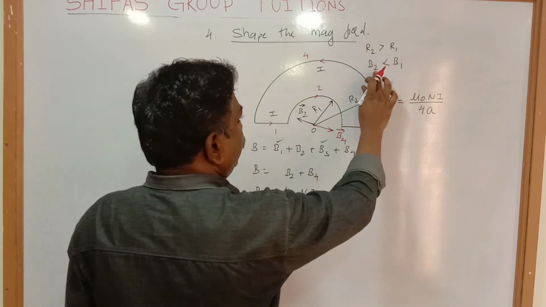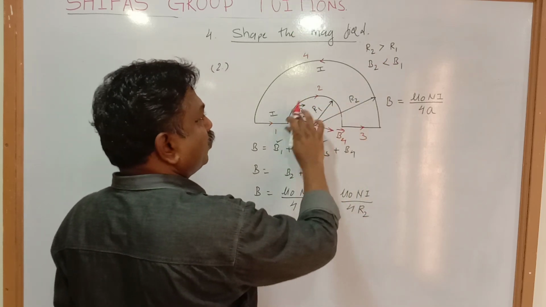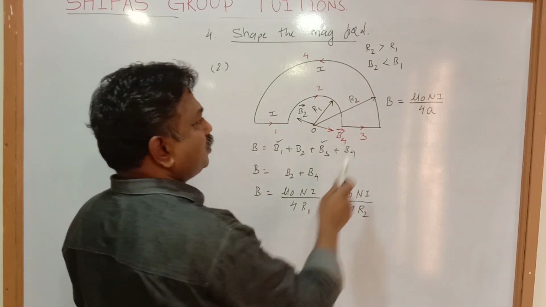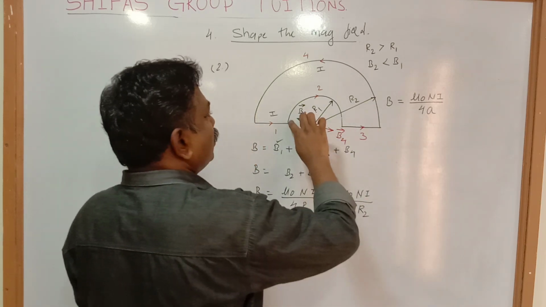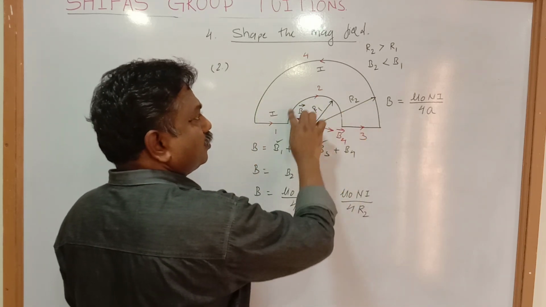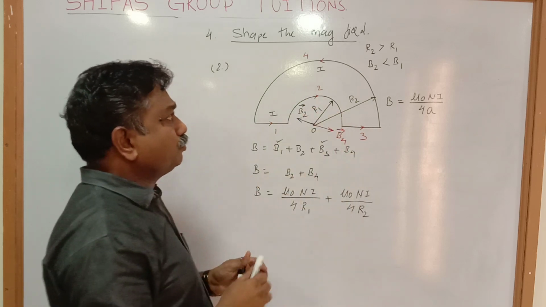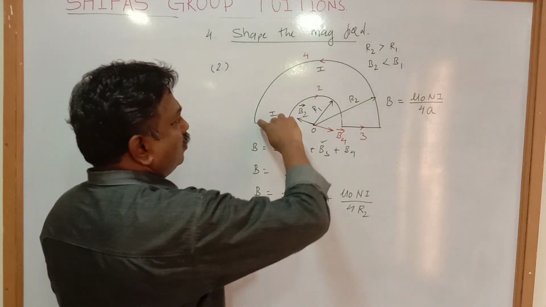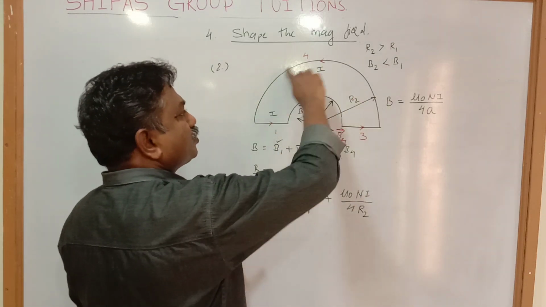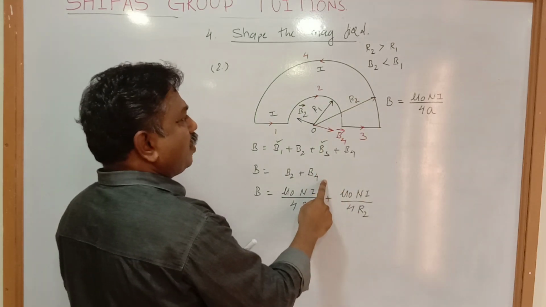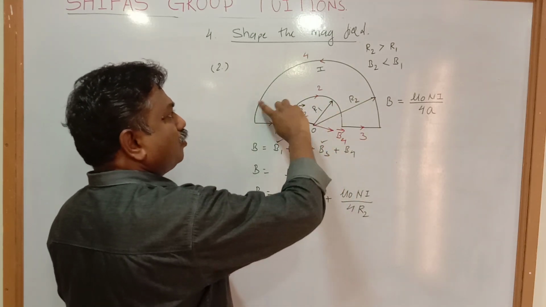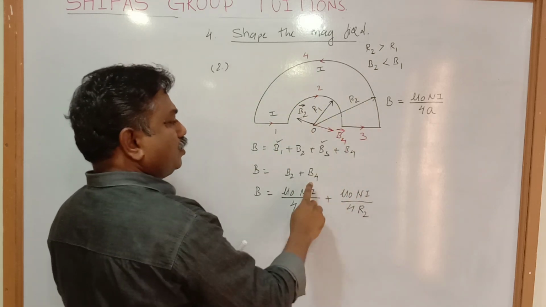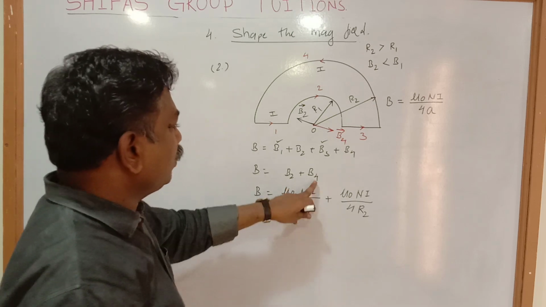Because B is inversely proportional to the radius, and this radius is smaller, and this R2 is bigger, so the magnetic field B4 is less, and B2 is greater.